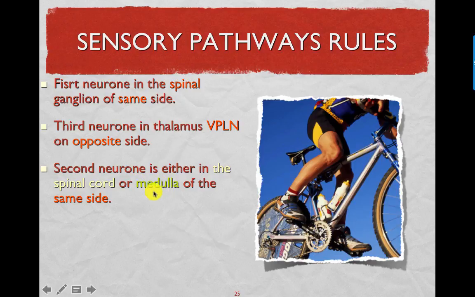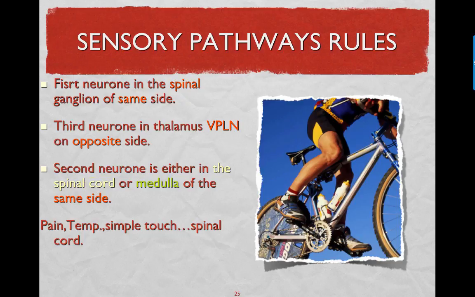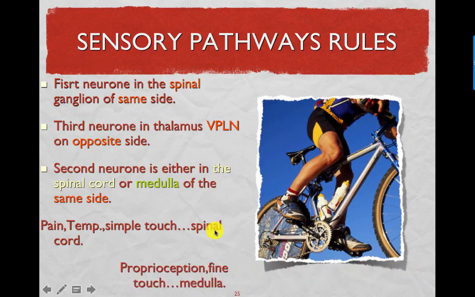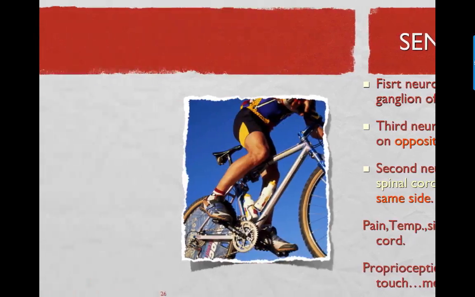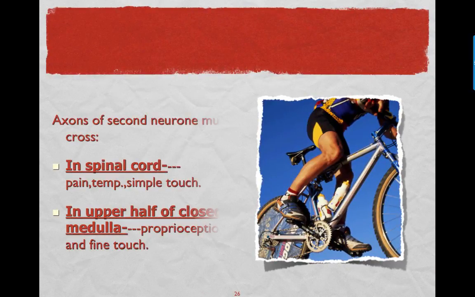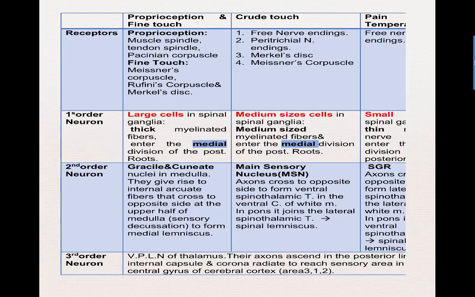The second is either in the spinal cord or in the medulla of the same side, but the fibers will cross. Here we have pain and temperature and crude touch in the spinal cord, while proprioception and fine touch are in the medulla. The crossing of the pain and temperature and the crude touch is in the spinal cord, while proprioception and fine touch cross in the upper half of the closed medulla in the sensory decussation.